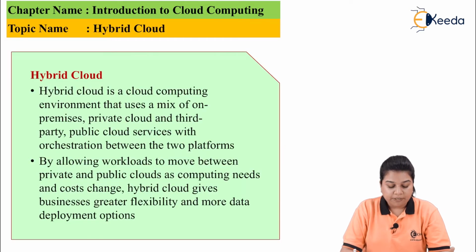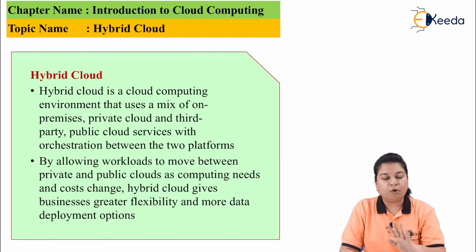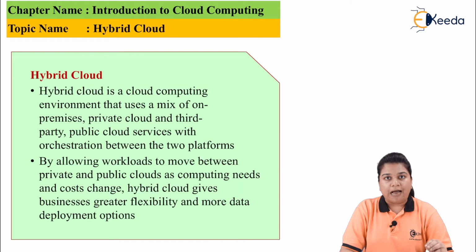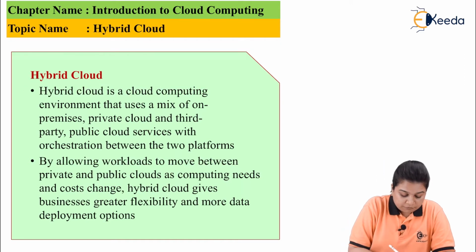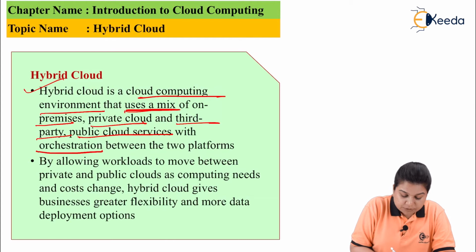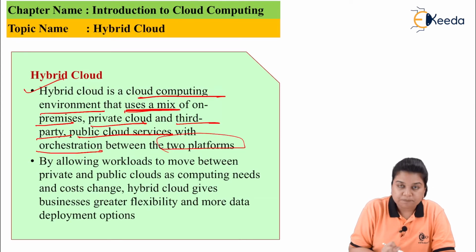Now, what is hybrid cloud here? We have seen the points: what are the points if a cloud is hybrid, and what are the points if the cloud is not hybrid, or we cannot consider it as a hybrid cloud. What actually are hybrid clouds? First thing is, hybrid cloud is a cloud computing environment that uses a mix of on-premises private cloud and third-party public cloud services with orchestration between the two platforms.